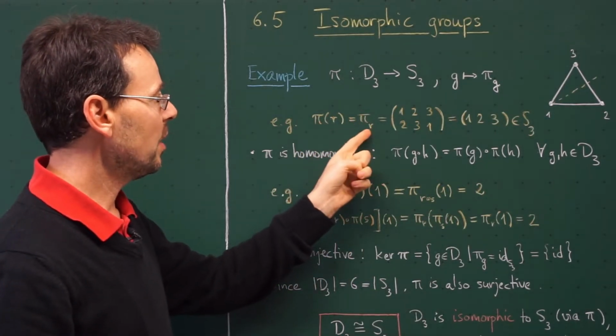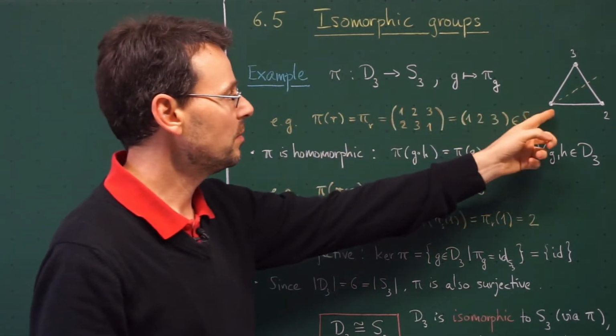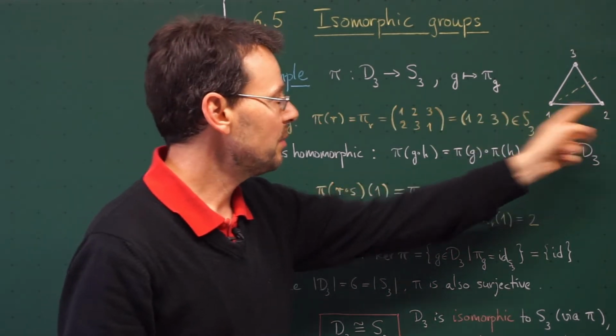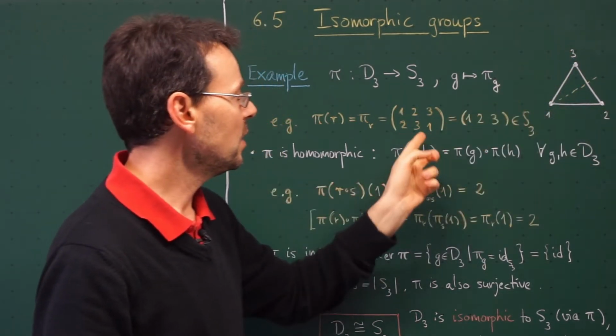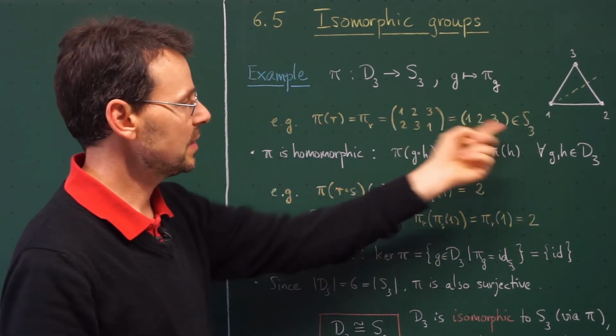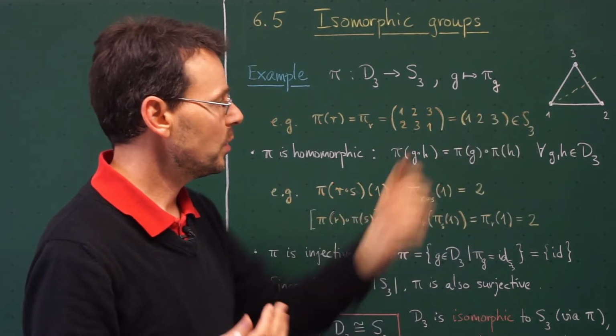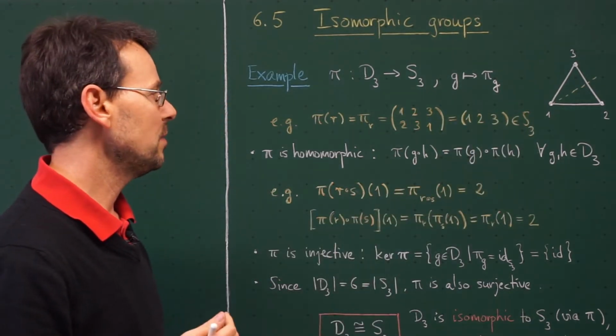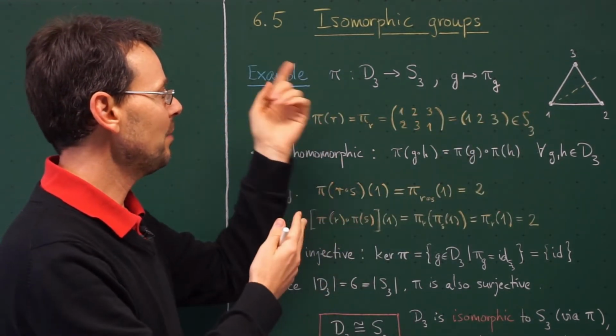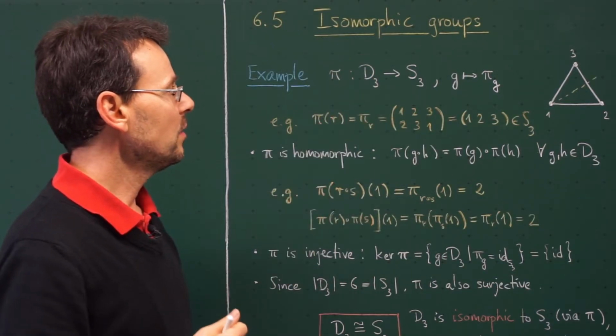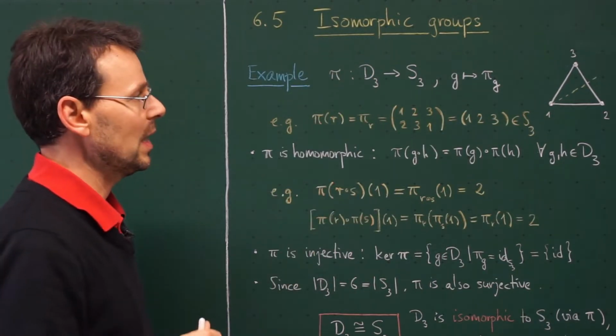So pi sub r is the following permutation. Vertex 1 gets mapped to 2, 2 goes to 3, and 3 goes to 1. Or in cycle notation, this is a 3 cycle 1, 2, 3, which is clearly an element of S3. And in this way, I get a map from the dihedral group to the symmetric group on 3 elements.